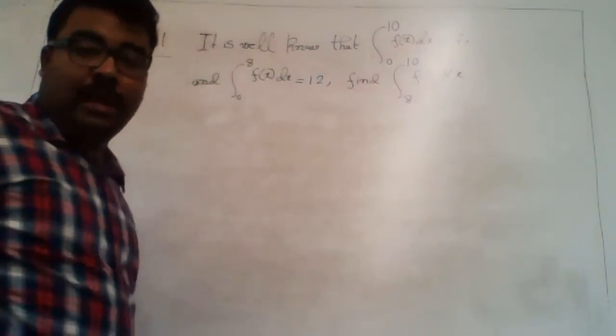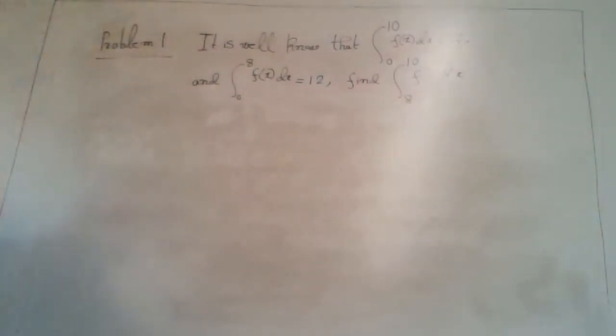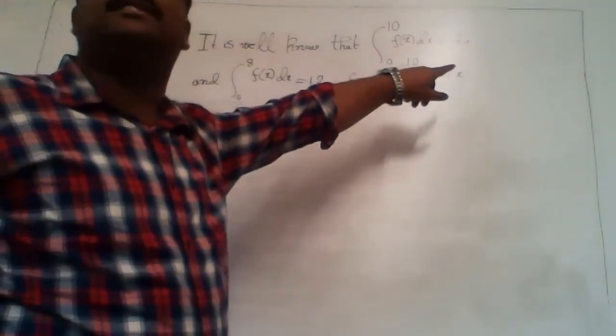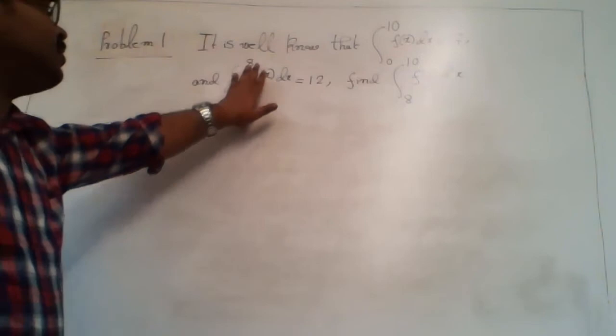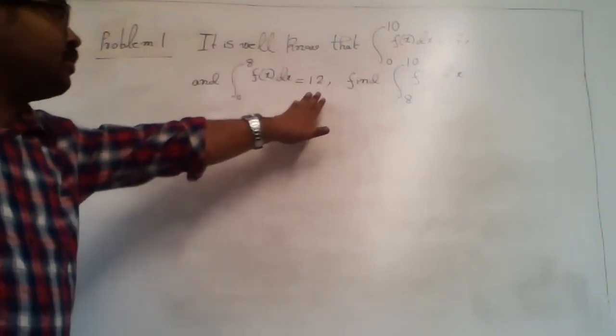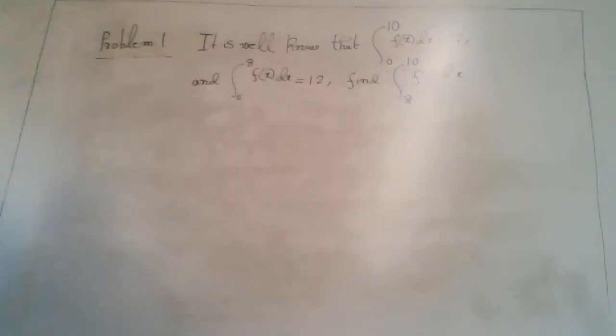So you are given the value of the integral from 0 to 10 of f(x) dx, and you are also given the value of the integral from 0 to 8 of f(x) dx. Let me write this down below so that you have no difficulty in viewing it.